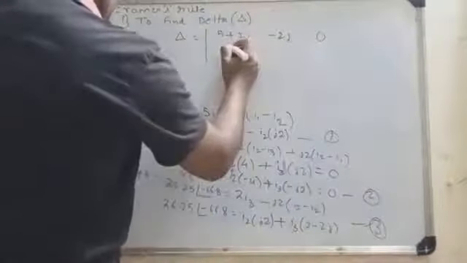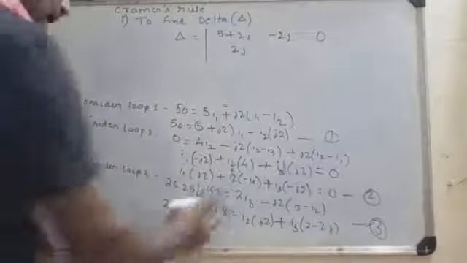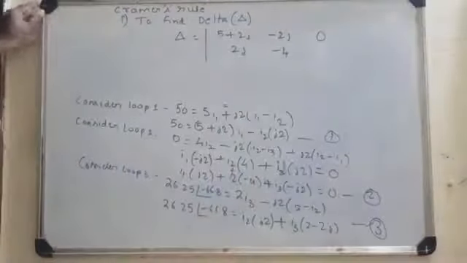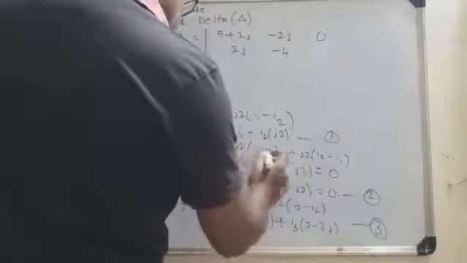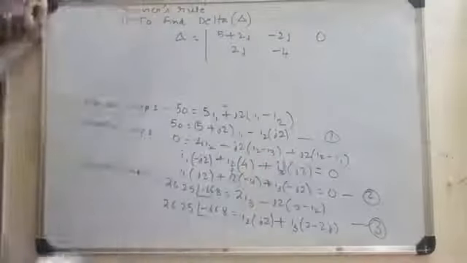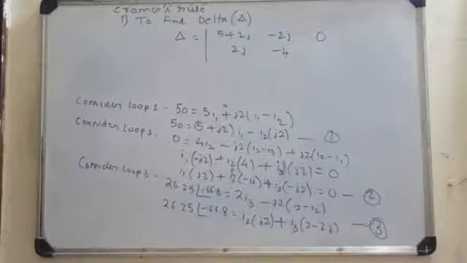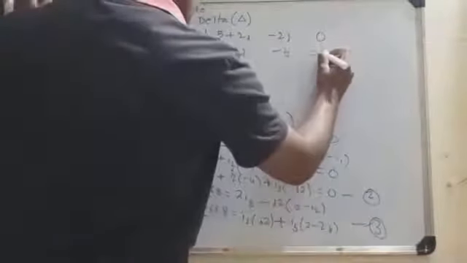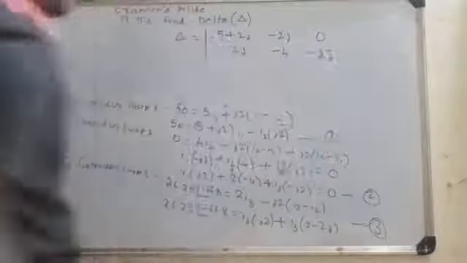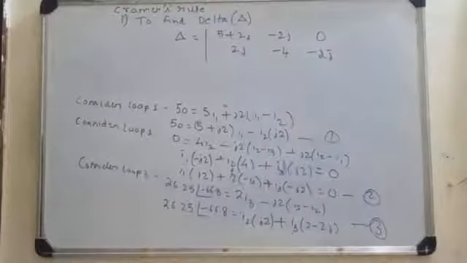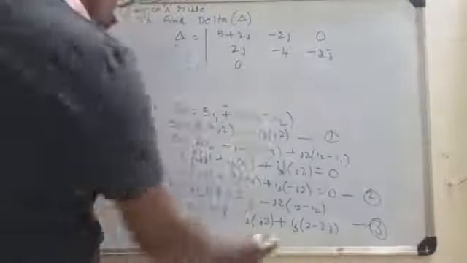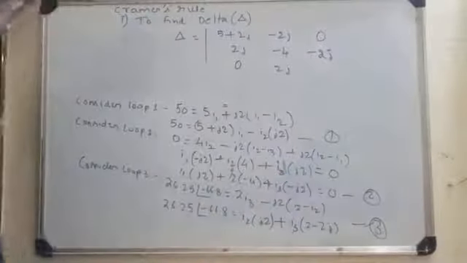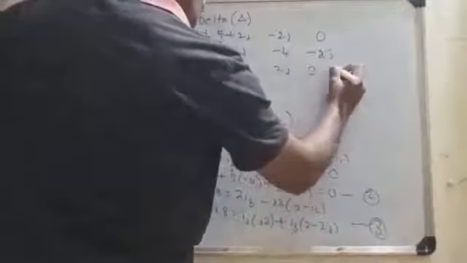Next, coming to the second equation, 2j, minus 4, and minus j2 or minus 2j. These are the factors. Coming to the third, there is no I1 factor here, so 0, 2j and 2 minus 2j.